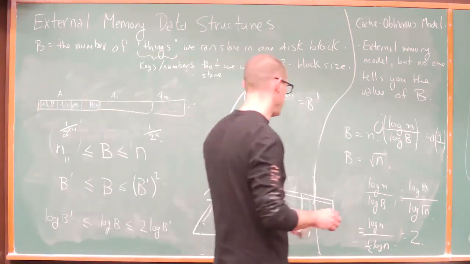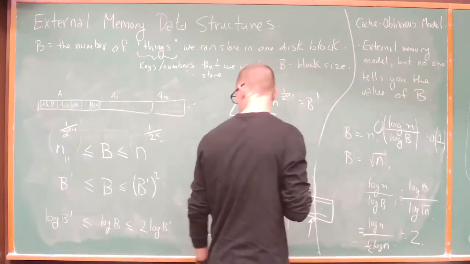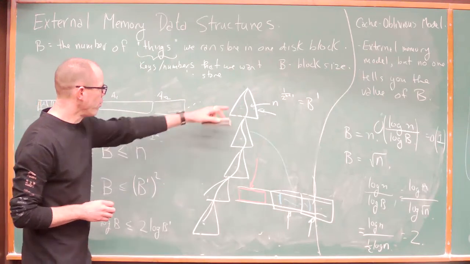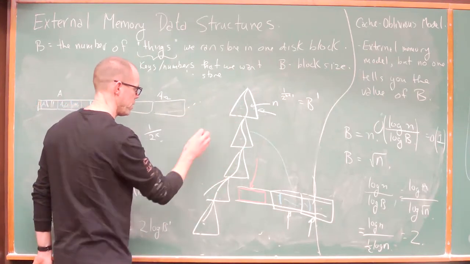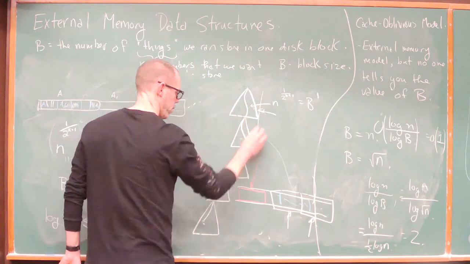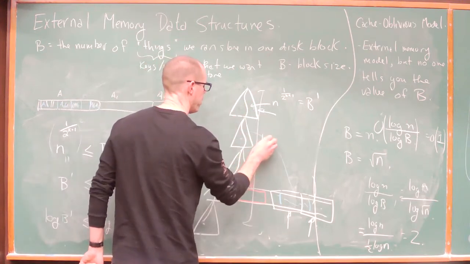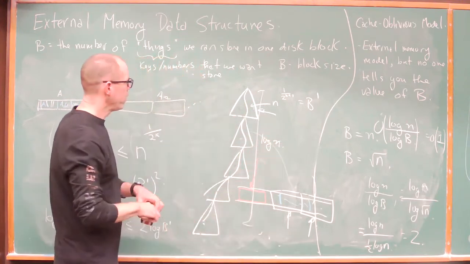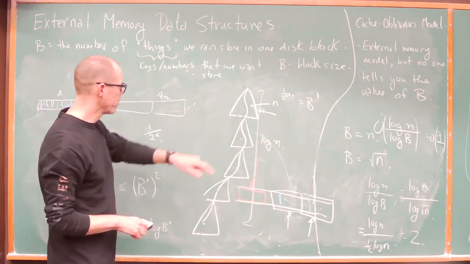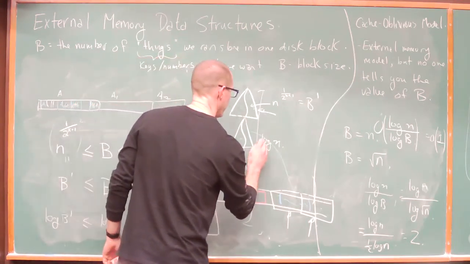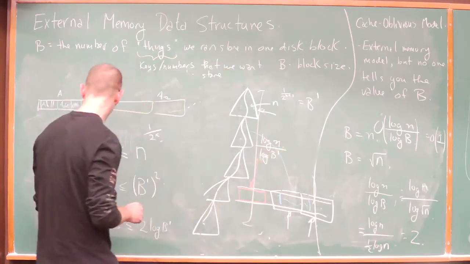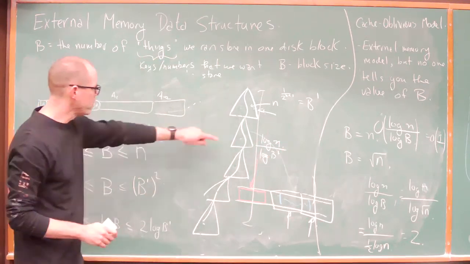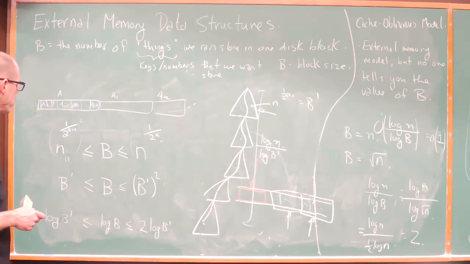And now we're basically done. So what did we have to do? The number of these trees is the length of this search path, which is log n, divided by the height of one of these trees. The height of one of these trees is log of B prime, because they're trees that store B prime values.